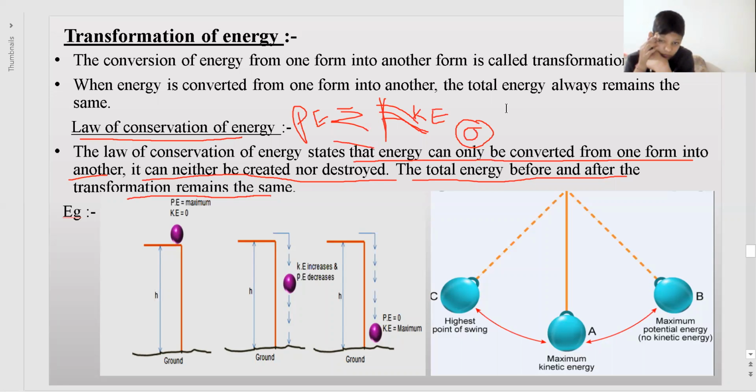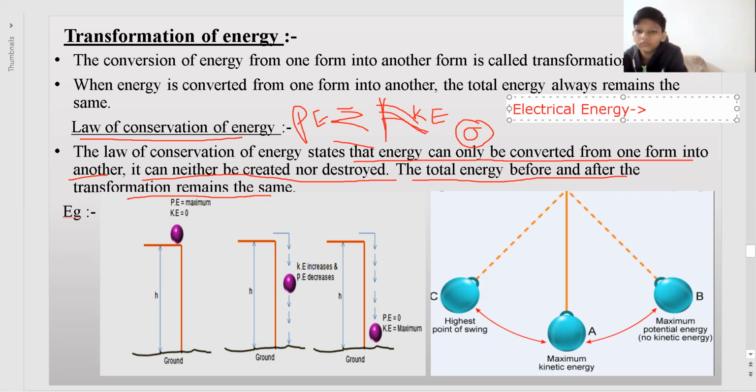Electrical energy. Then that electrical energy reaches our home. And in the home, suppose we are using this energy to light a bulb, then that energy is converted into light energy.